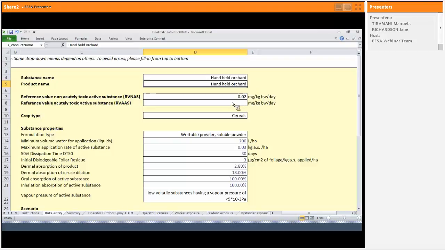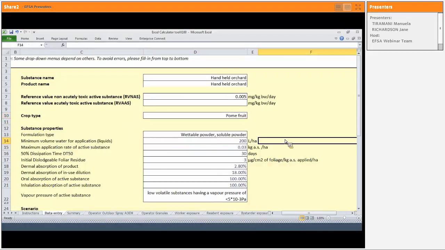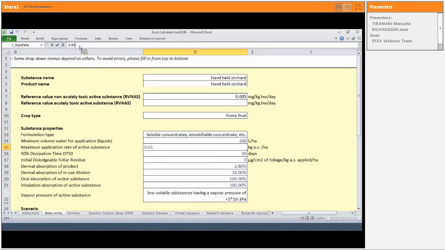So we put the AOEL in this case as 0.05, and we're going to use palm fruit, so we're imagining maybe we're looking at something like apple trees or something like that. We're going to use soluble concentrate, 200 we leave as is, and an application rate of 0.02.